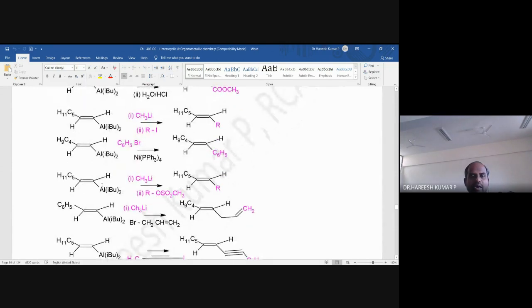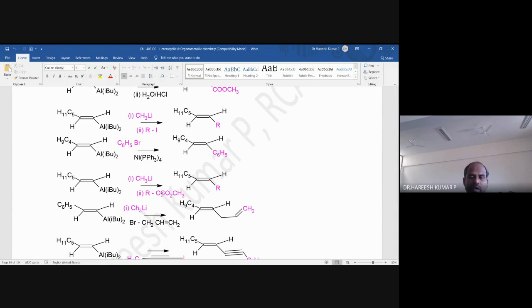Similarly, this alane, when it is treated with methyl lithium, alanate is obtained, and then it will form a new bond with this moiety. So what is the name of this group? OSO2CH3. I think you are aware of mesylate.